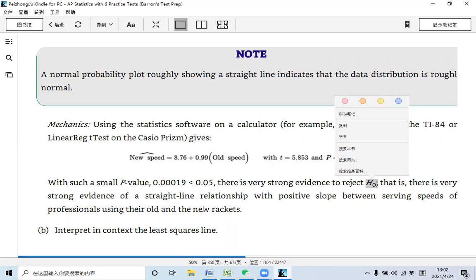In the entire population of all athletes, the slope is zero. There's no improvement from using the new racket. But here your observation is that it's not zero, and your evidence is strong enough to reject the null hypothesis. So you do reject the null hypothesis.